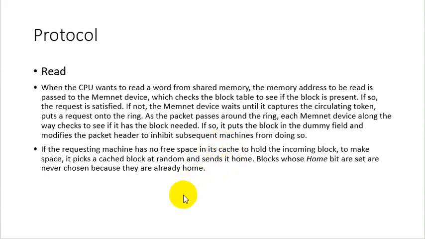Each processor checks whether it has the requested block. The first processor that finds it places the data into the request packet. When the packet returns to the requesting processor, the block is stored in its cache. If there is no free cache space, an old block is replaced based on the protocol rules.